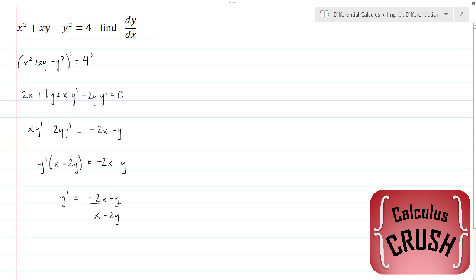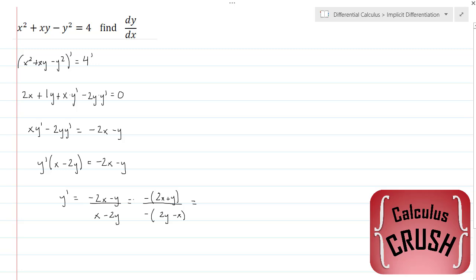Now one more step you can do. I don't really like the minus 2x minus y here. So I'm going to pull out a negative 1. We're going to end up with 2x plus y. And I'm going to pull out a negative from the bottom as well. So this is going to be 2y minus x.